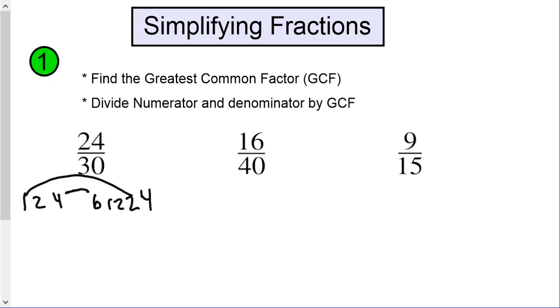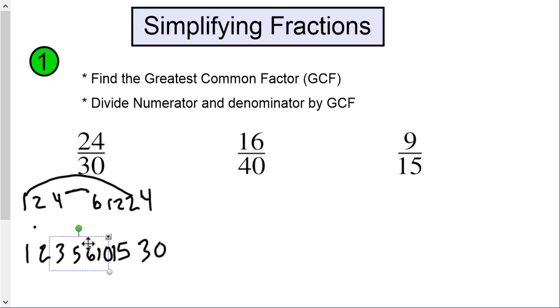So then we can look at 30. So 30, we have 1 and 30. We have 2 and 15. We have 3 and 10. 4 doesn't go into 30. So then we have 5 and 6.